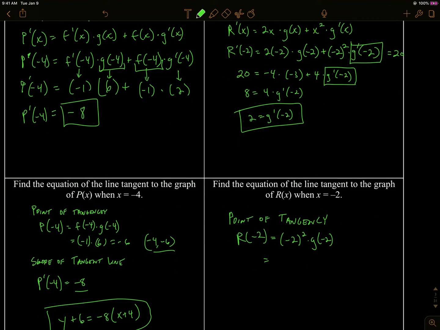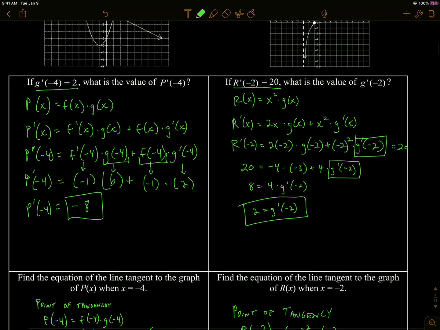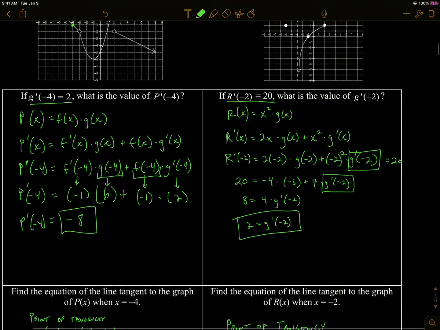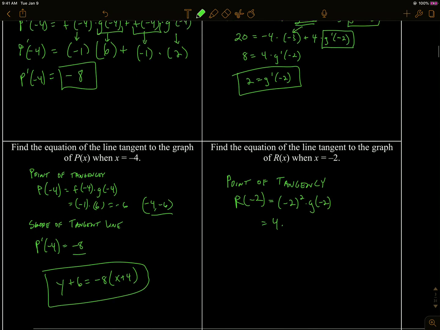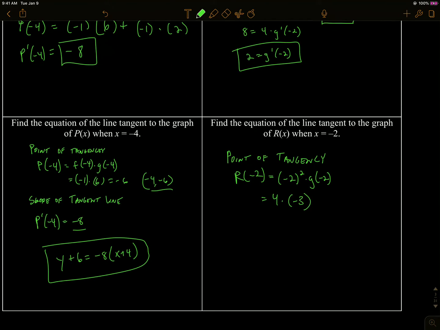I just discovered that g of negative 2, oh no, that was g prime of negative 2, sorry. I can look on the graph to get g of negative 2, but I also used it in here. So I know it's negative 3 already. So then I get negative 12. So the point of tangency is going to be negative 2, negative 12.